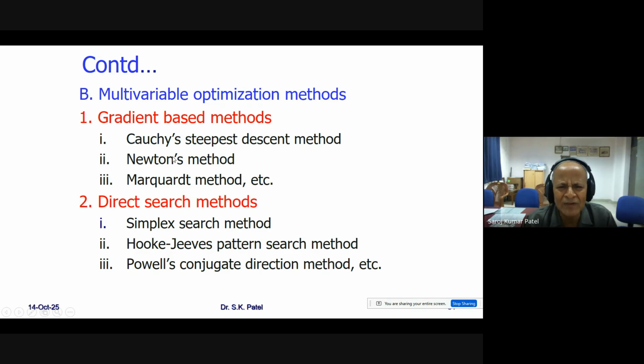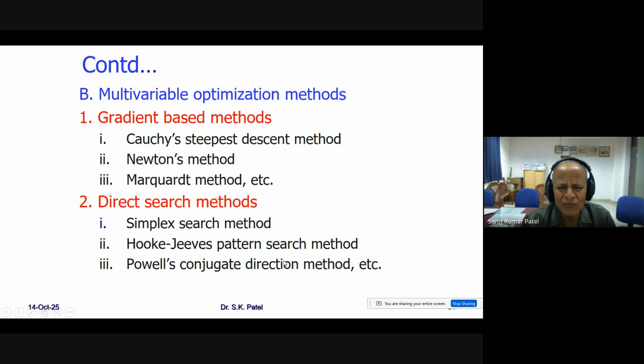There we have 3 methods: Cauchy's steepest descent method, Newton's method, and Marquardt method. And direct search methods, where no derivative is to be found, only values of the function, and then compare. We have simplex search method, Hooke-Jeeves pattern search method, Powell's conjugate direction method.